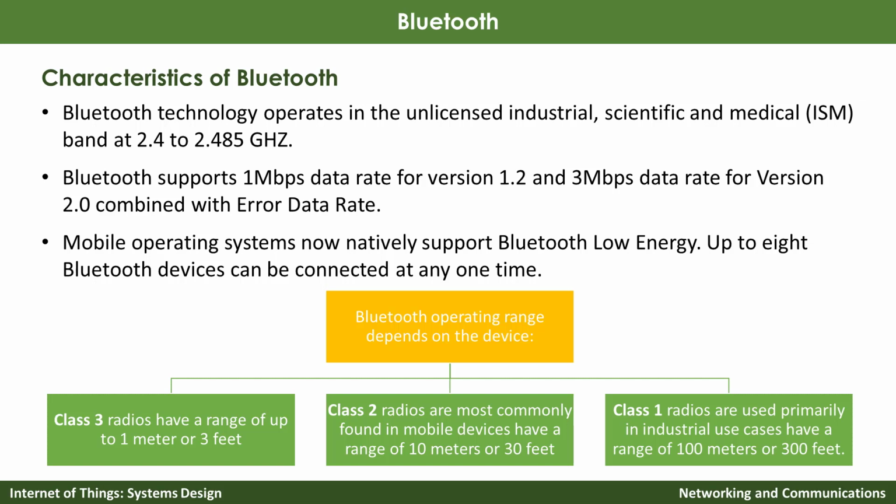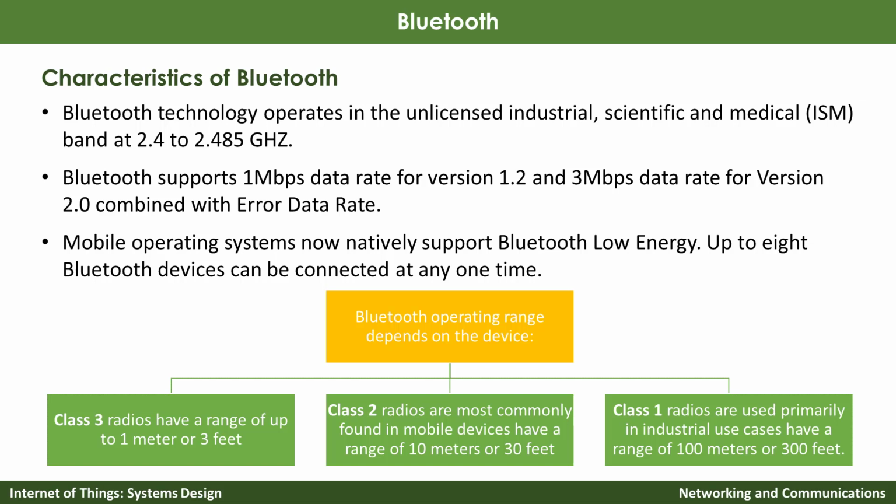Bluetooth 1.2 supports 1 megabit per second data rate, and the latest version supports around 3 megabits per second. Mobile phones now natively support a newer version, which is Bluetooth Low Energy. Bluetooth can also support up to 8 devices connected together at once.